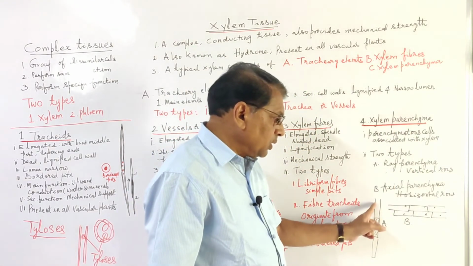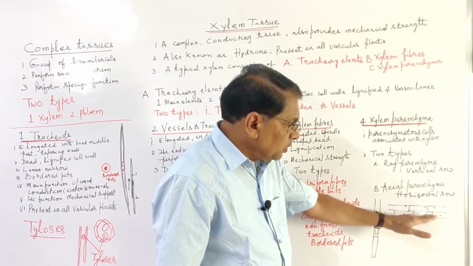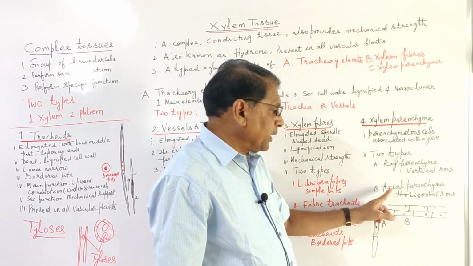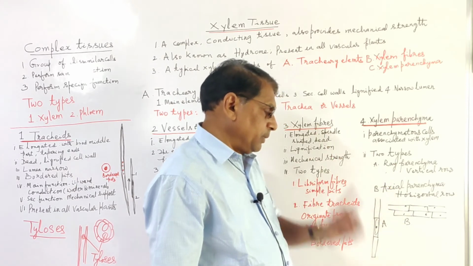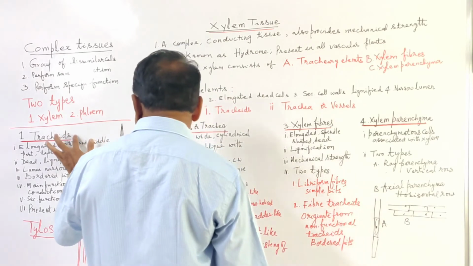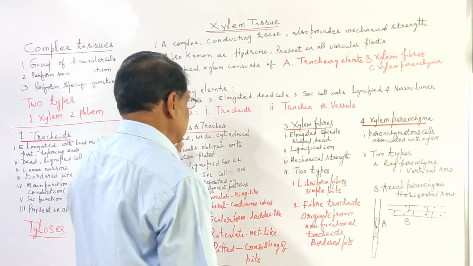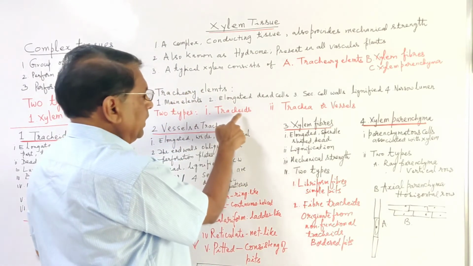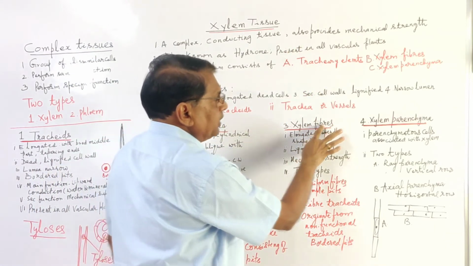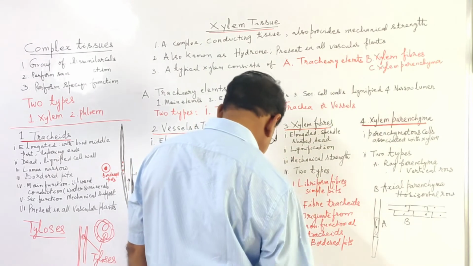Vertical rows, one above the other, but in horizontal rows. Ray parenchyma, axial parenchyma. So thus we have tracheids, vessels. These two are called tracheary elements. Xylem fibers, xylem parenchyma.